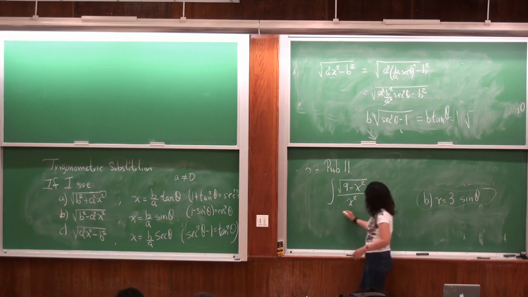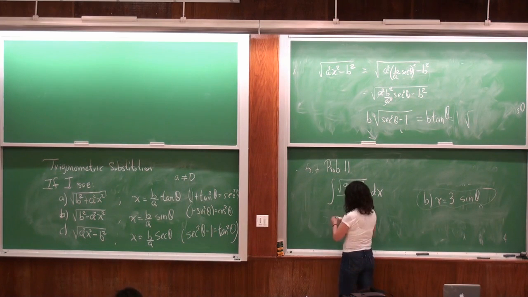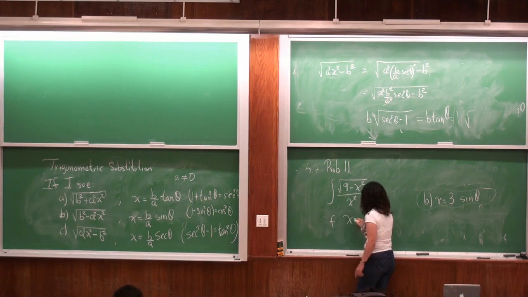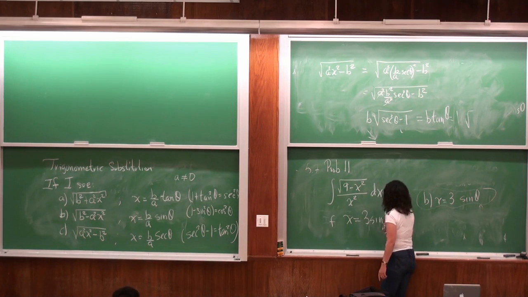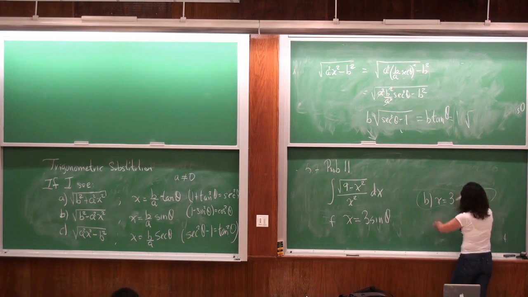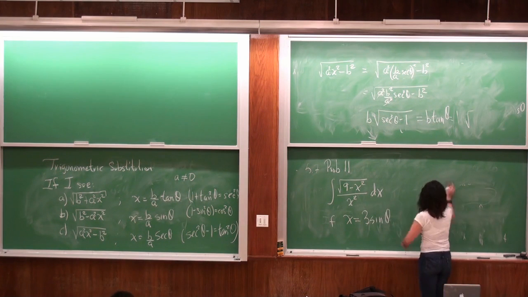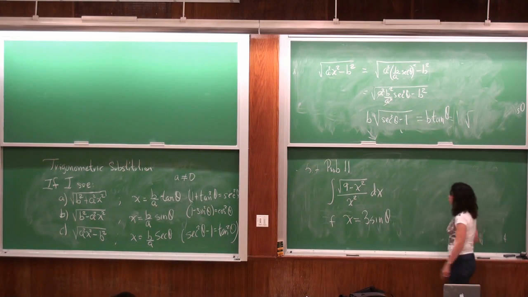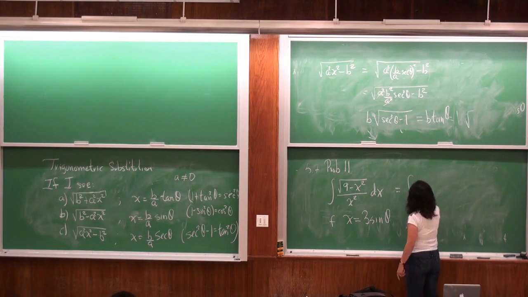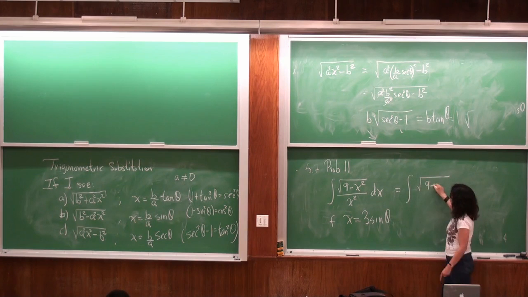So, if x is equal to 3 sine of theta, then I just have to plug in everything there, just have to substitute all these values in there to solve this integral. So this is going to give me 9 minus 9 times sine squared of theta over 9 sine squared of theta.